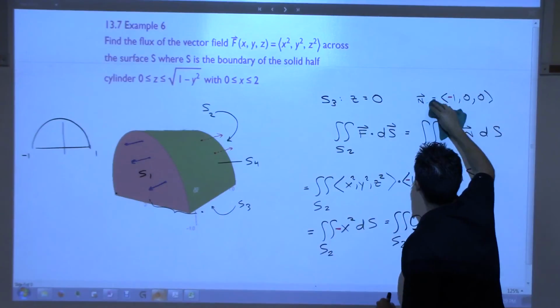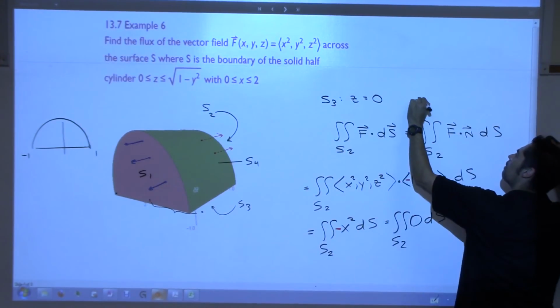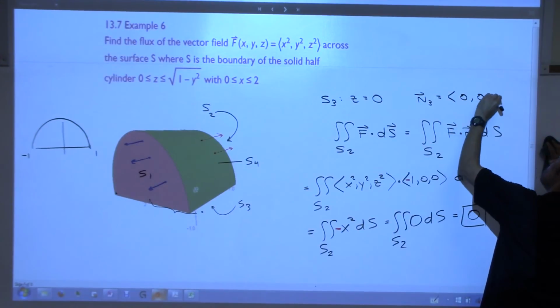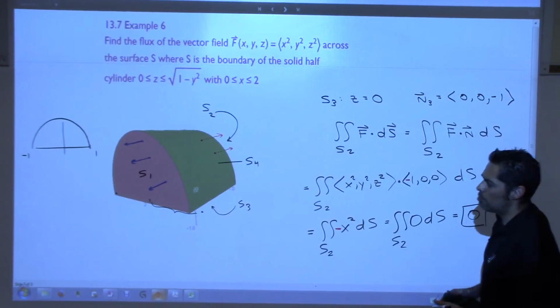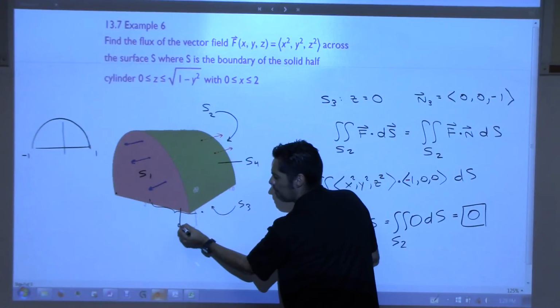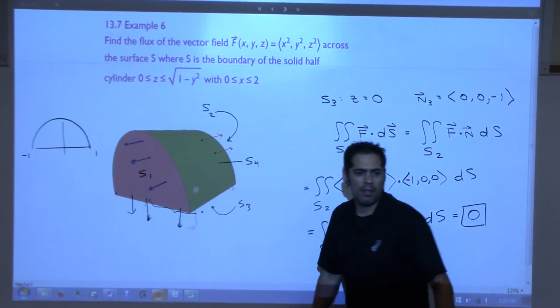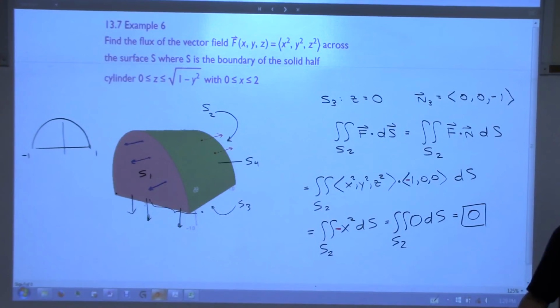How about a normal vector for that surface? 0, 0, negative 1, because your normal vectors will be pointing out straight downward, right, off the bottom of that surface. So that would be negative k, k hat. Agreed?